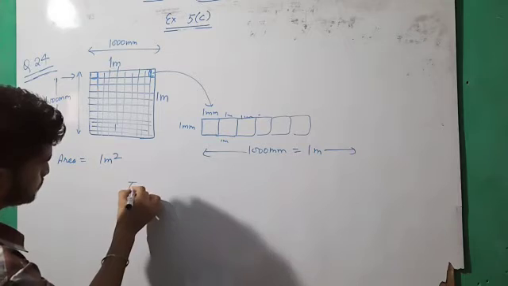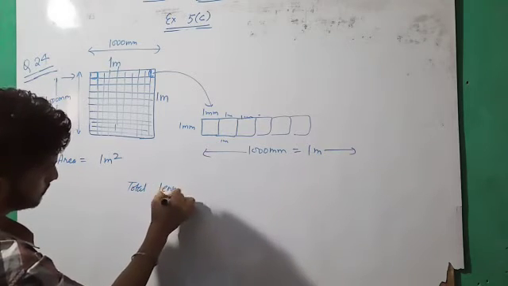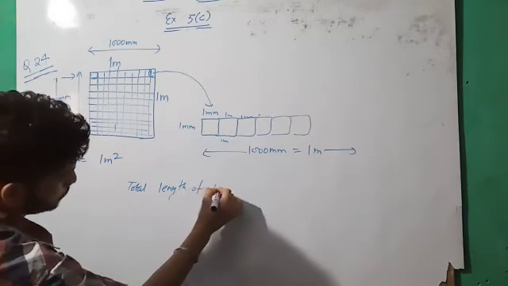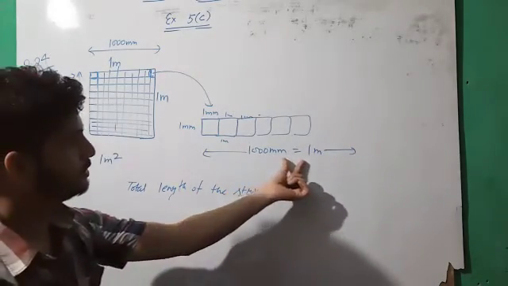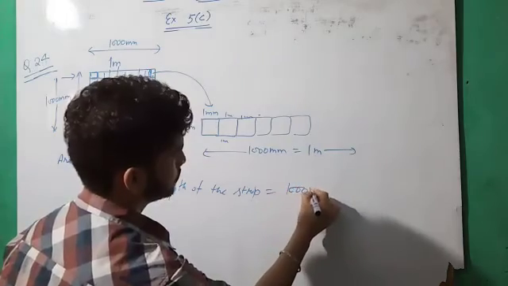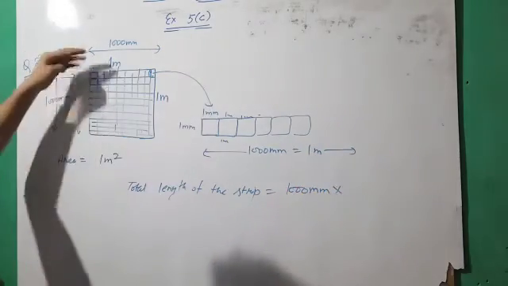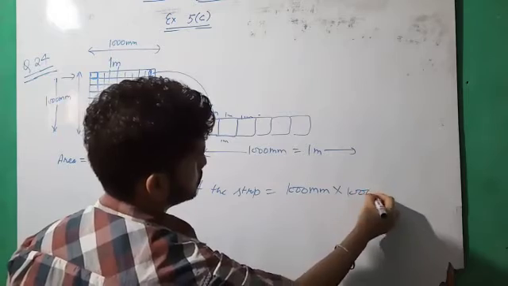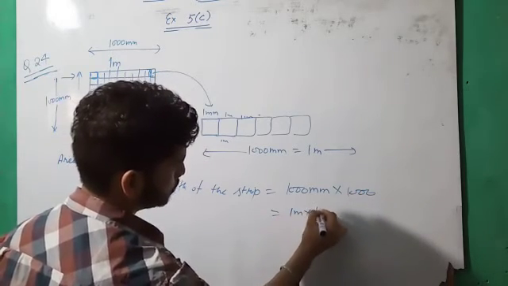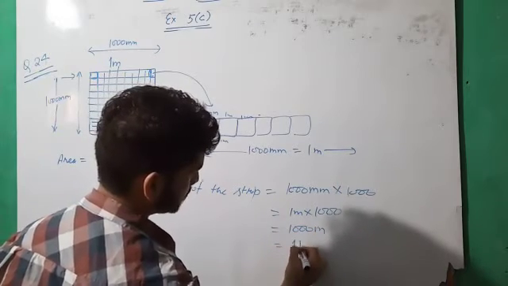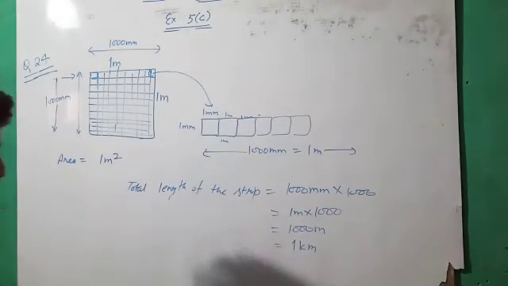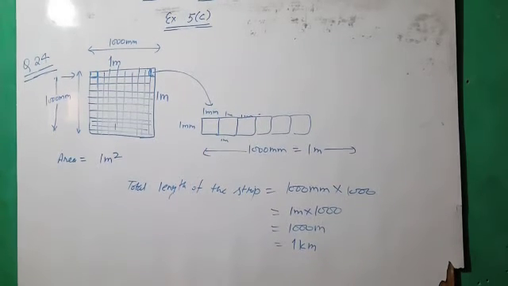So the total length of the strip is 1 meter, that is 1000 mm, into 1000, because the total number of rows is 1000. 1 meter into 1000 means 1000 meters, and 1000 meters means 1 kilometer of length. So this is the concept of this question, and you have to write down this question in your notebook.